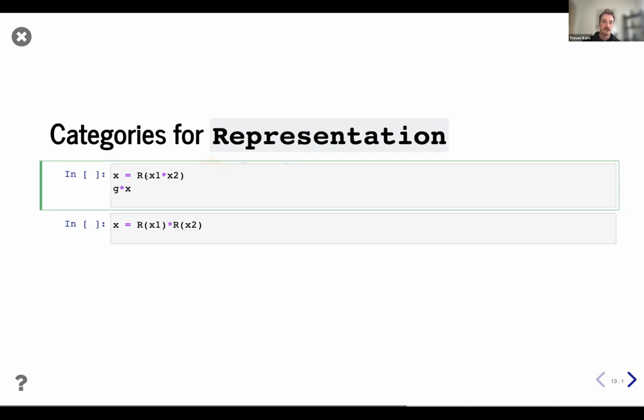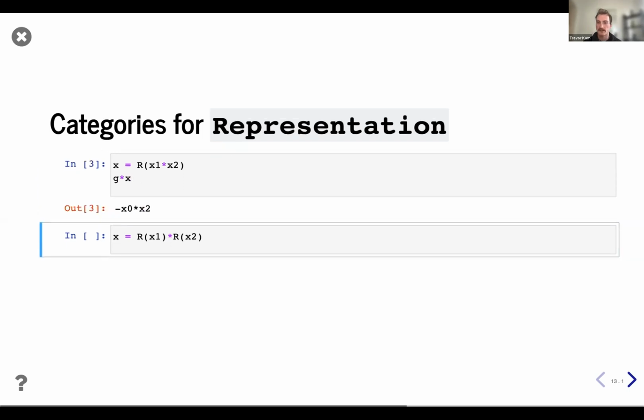So it's going to send x1 to x2 and x2 to x0. But now this is out of order because I have x2 times x0. So I should sort that into order to express it in the correct basis. And that's going to pick up a negative sign. So I should act on x here by sending it to negative x0, x2. So if we go ahead and check, that's exactly what we get.